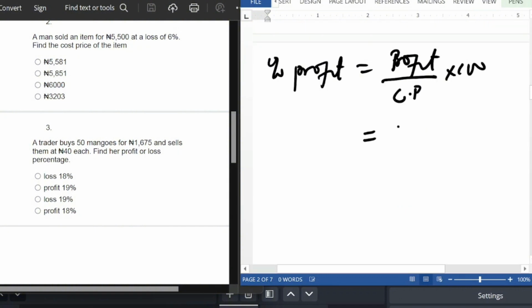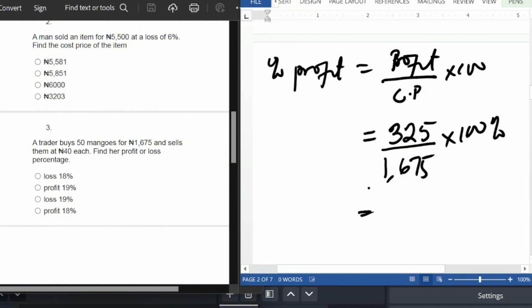The profit calculated now is 325 naira divided by the cost price, 1,675, multiplied by 100%. That gives 19.4. So approximately it is a profit, and it is 19%, which is option B.